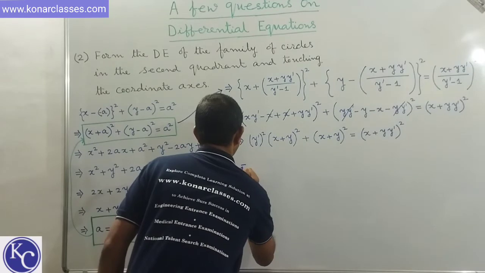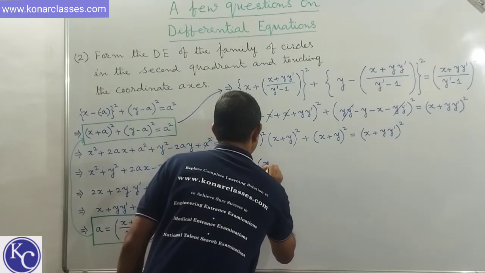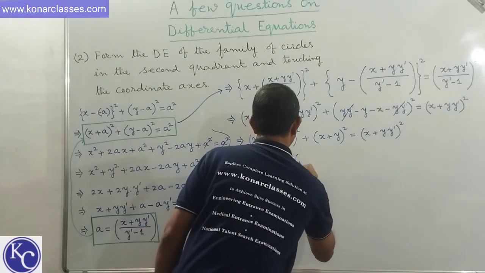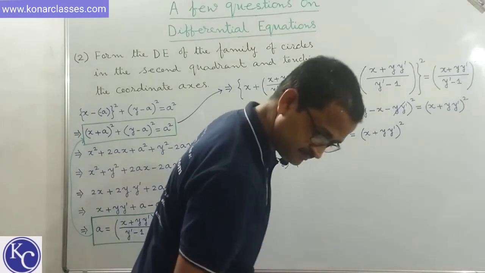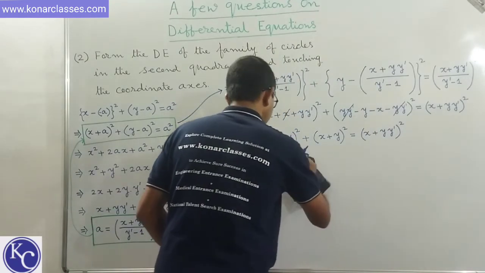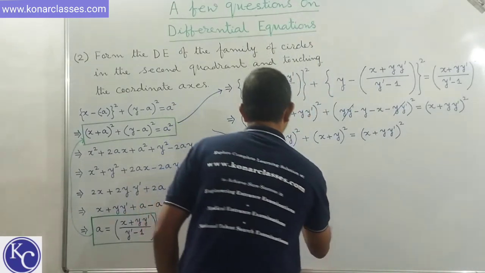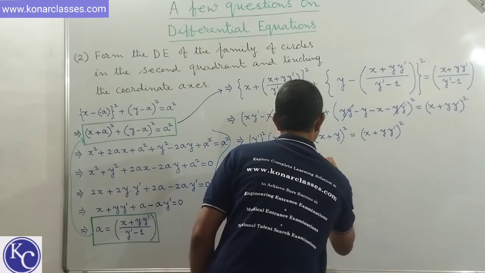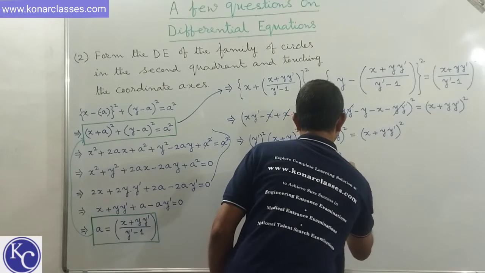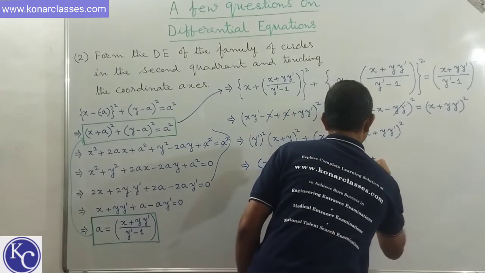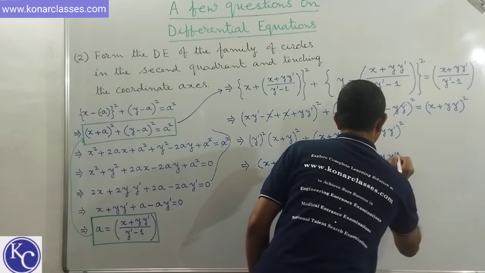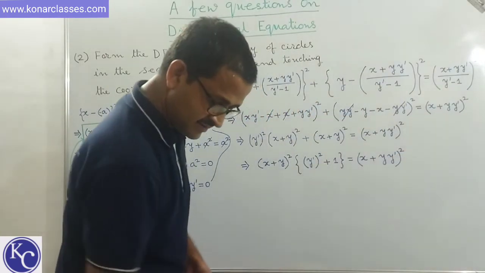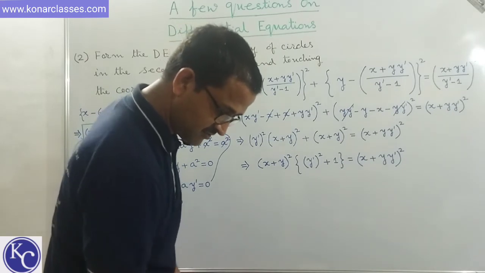So we write (x plus y) whole square common, and here we write (y dash whole square plus 1) is equal to (x plus y) into y dash complete whole square. And this is the required differential equation, dear students.